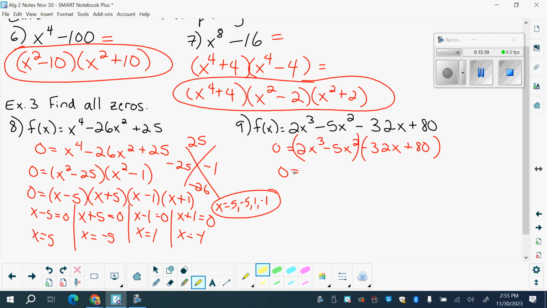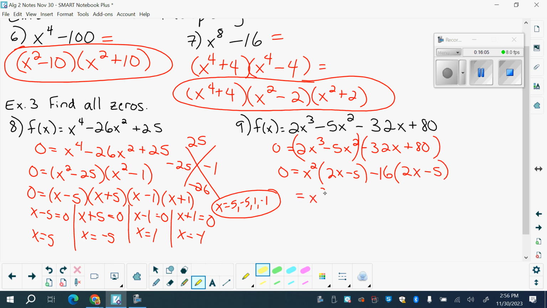So what's our greatest common factor here? x squared. And then 2x minus 5. What's the greatest common factor on this one? 8. So an 8 comes out, but there's something even bigger. Negative 16. And 2x minus 5.